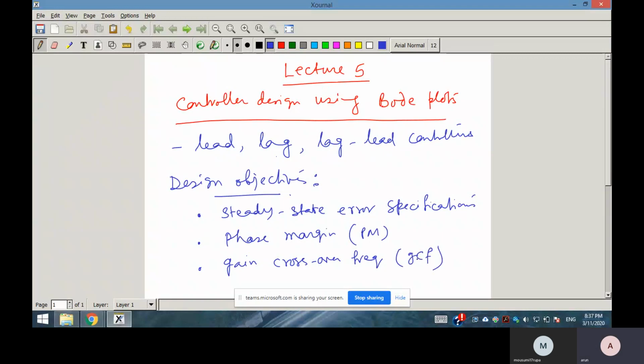So these are the three specifications we want to meet here. For other objectives, for example gain margin and all these things, we have to post check.